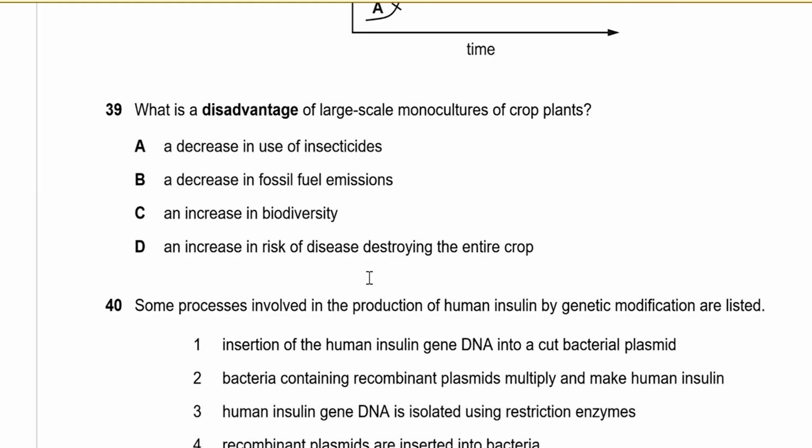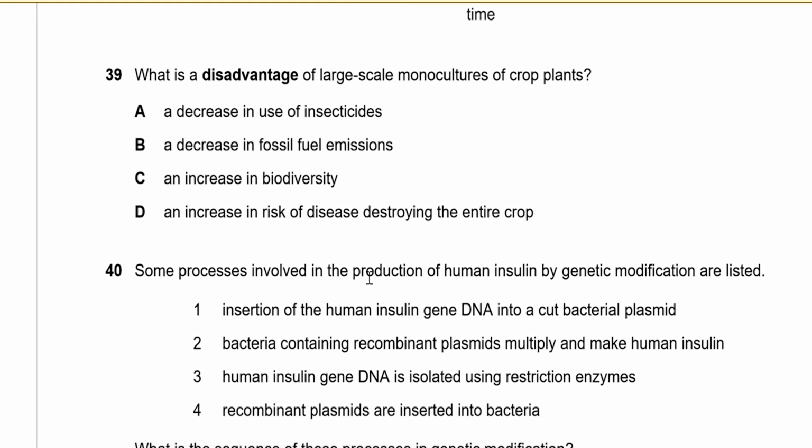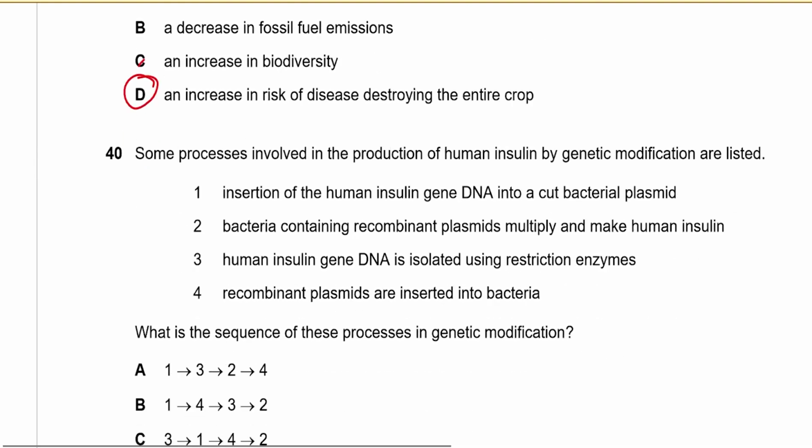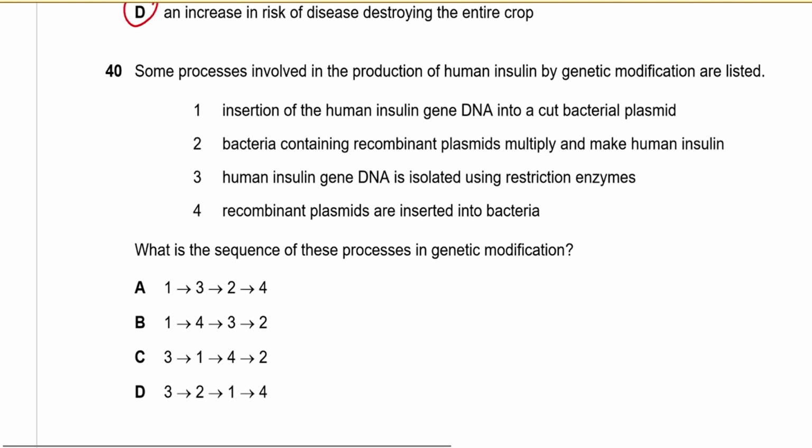The risk of disease destroying an entire crop is very high because there is no variation. So when pathogens come, they can eventually wipe out everything. So D.